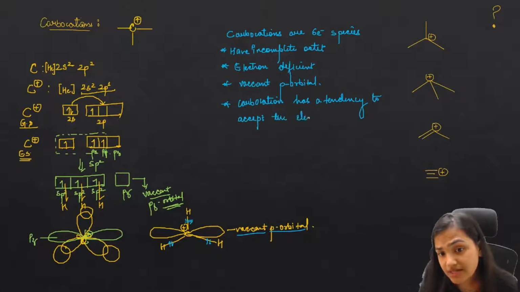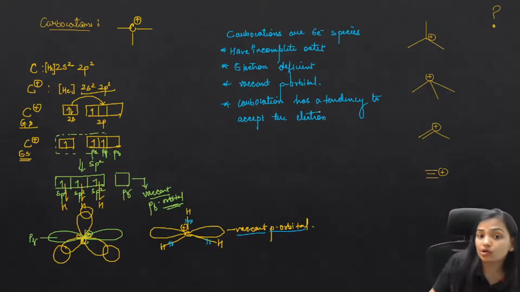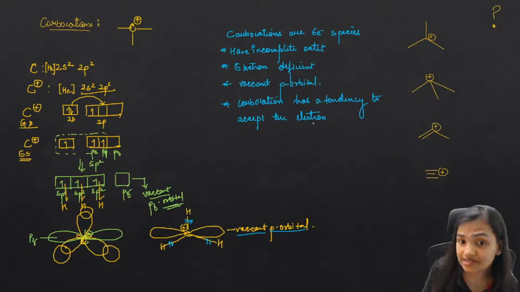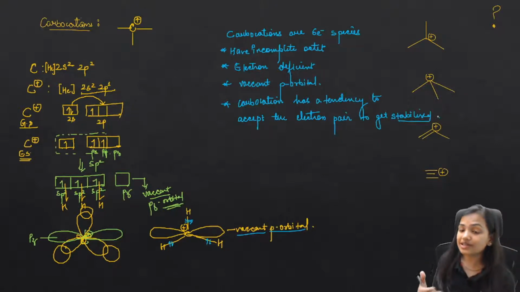Why do they want to accept the electron pair? To become stable, to complete their octet. That's the reason we are learning about the stability of the carbocation.